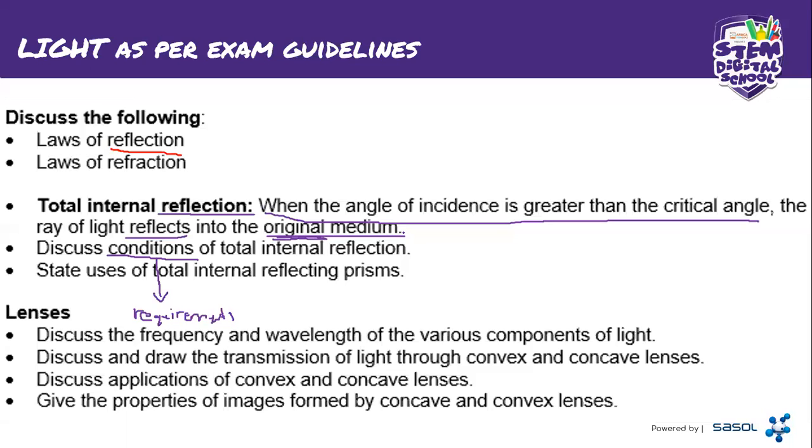Firstly, it is used in optical fibers. That will be the first mark. The second use, it is used in endoscopes. And that will be the second mark altogether. So remember that, and that is all in terms of total internal reflection.